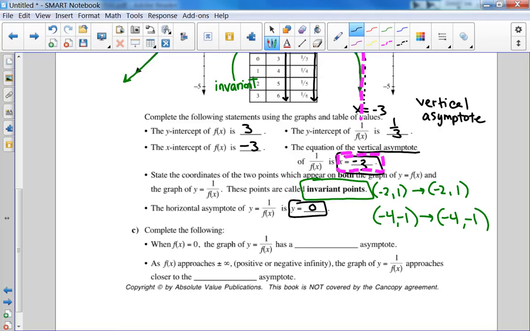Okay, complete the following. When the function is equal to 0, the graph of y equals 1 over f at x has a vertical asymptote. This is the key right here. That first bullet. That's the one I'm really worried about. And then the second one I'm not too worried about. It's more of a Math 30 or even a Math 31 idea. But it's nice to see it now. It just says, when the function gets really, really big in either direction. So see this? When f at x approaches plus or negative infinity.